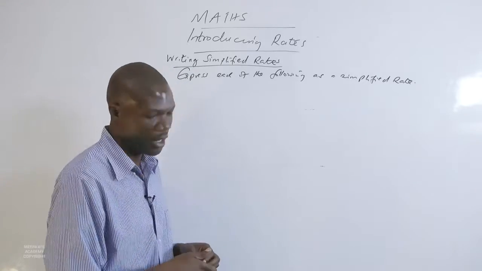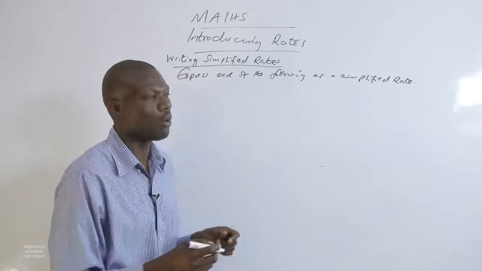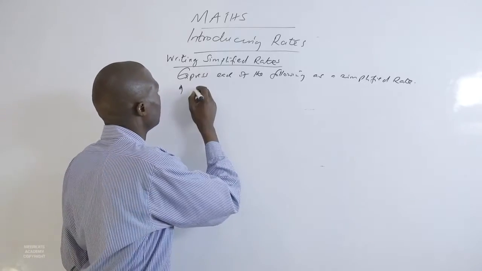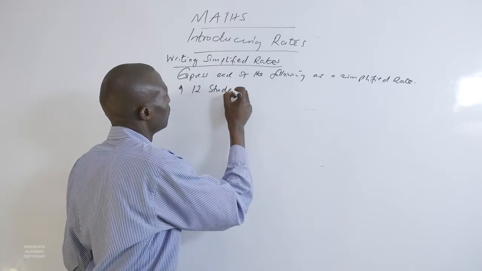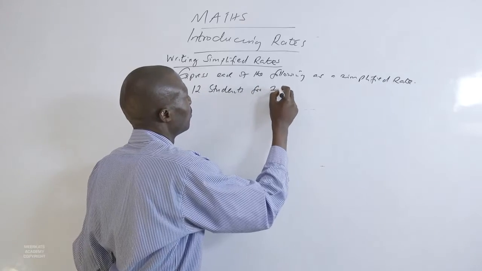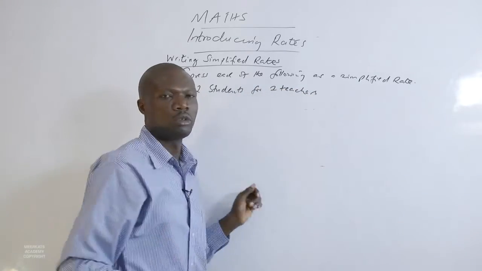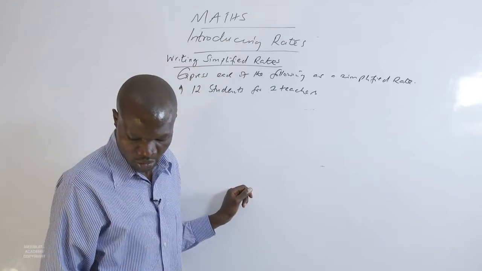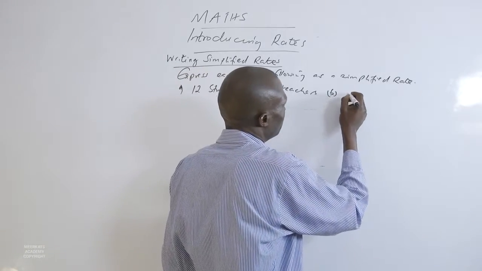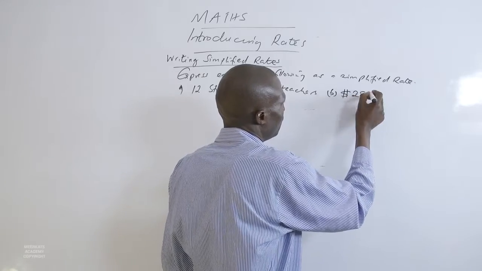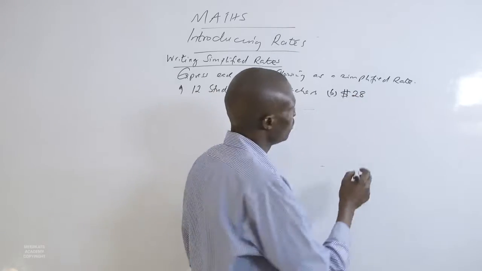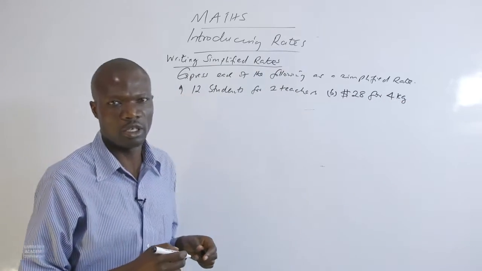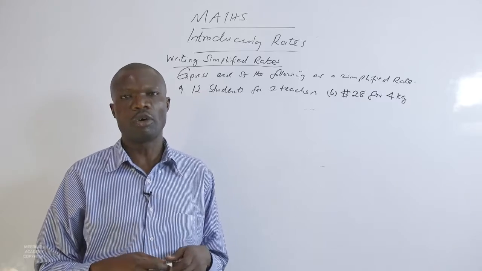A, 12 students for 2 teachers, and B, $28 for 4 kilograms.